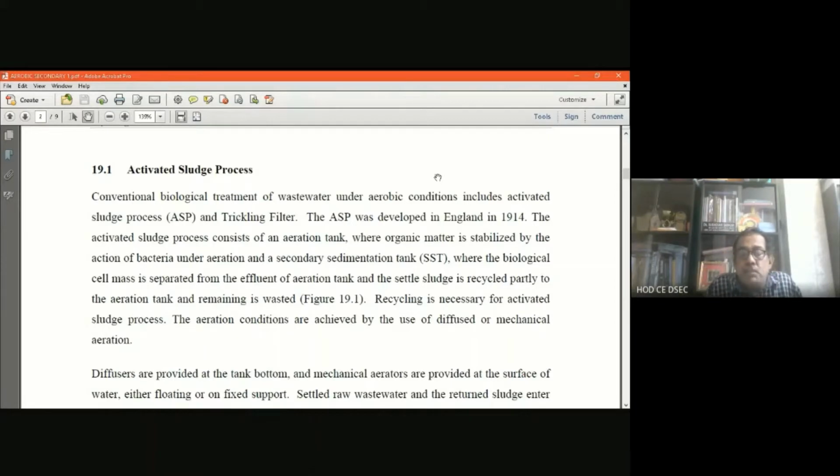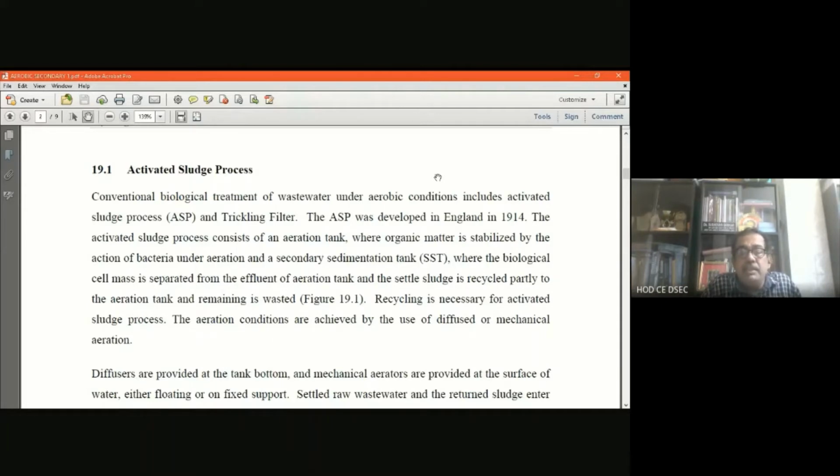But the active portion we are again recirculating into the tank. So that is the basic philosophy why it is named the activated sludge process, because the activated sludge portion we are recirculating in the aeration tank again. So recycling is necessary for the activated sludge process.